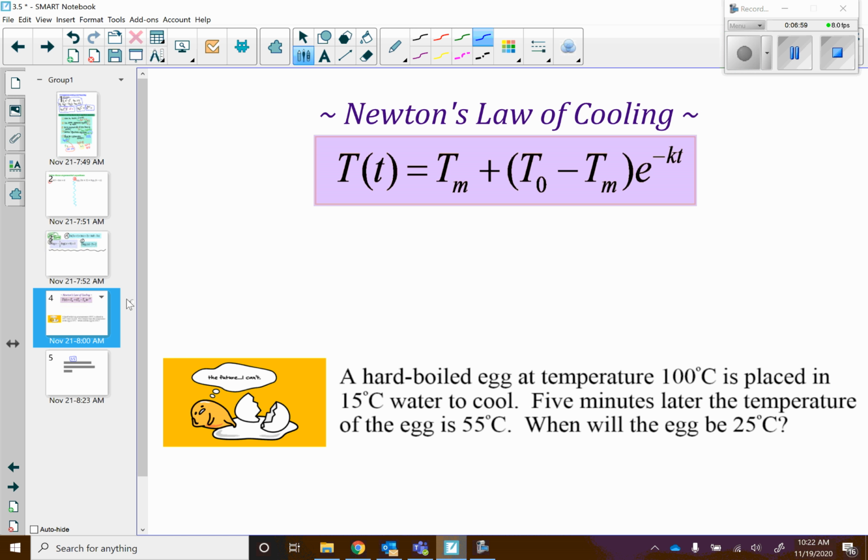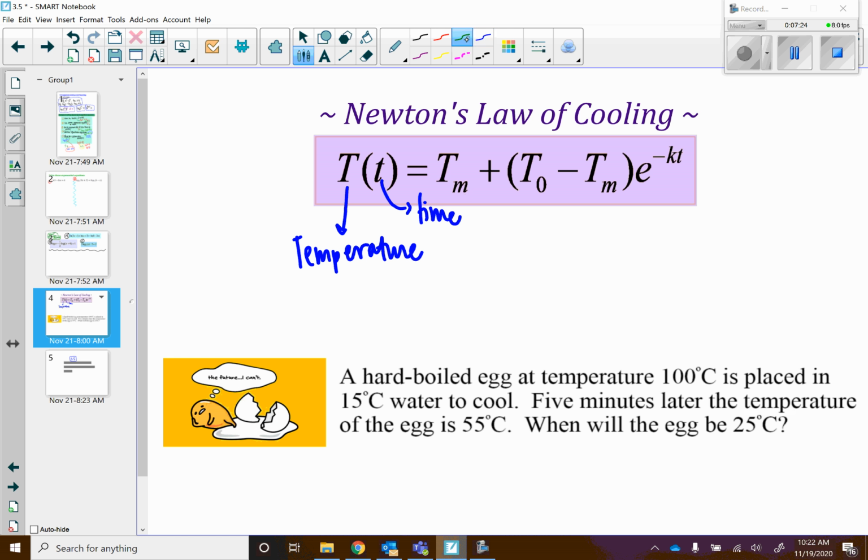The other thing I want to show you before class is Newton's law of cooling. Not necessarily this example yet, we'll do that together, but I want to look at this formula because it's something we're going to see a couple times. Capital T is referring to temperature. Lowercase t is time.